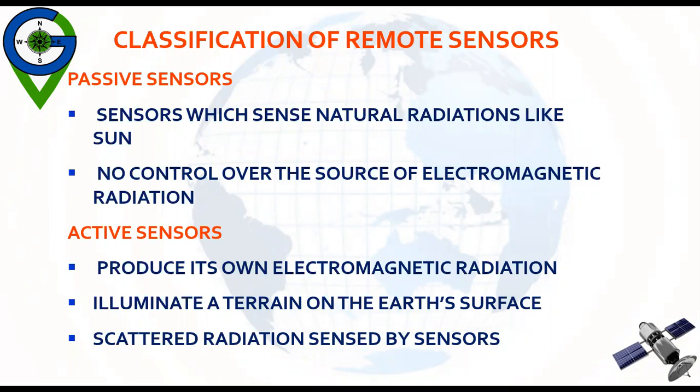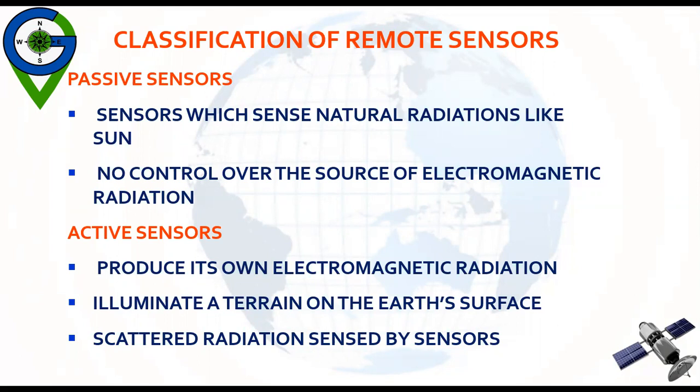So far, we have made various references to the sun as a source of energy or radiation. So the sun provides a suitable source of energy for remote sensing also. This energy is either reflected, as it is for visible and reflective infrared wavelengths, or absorbed and then re-emitted, as it is for thermal infrared wavelengths.